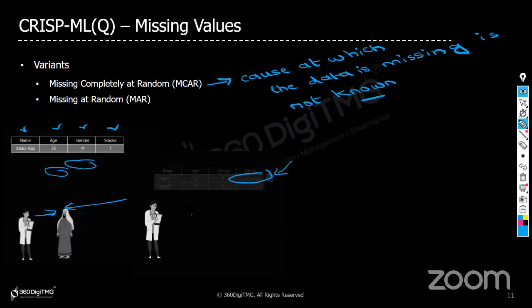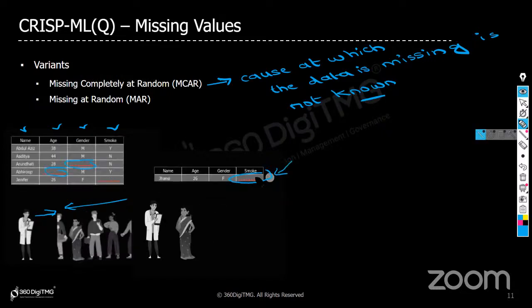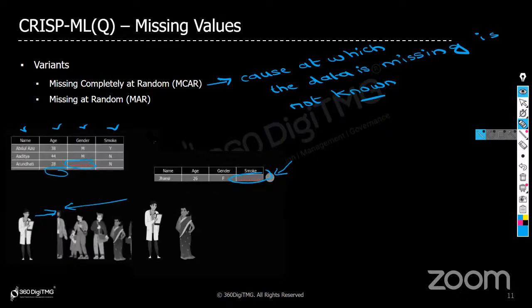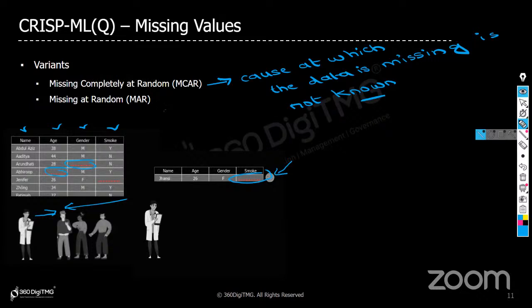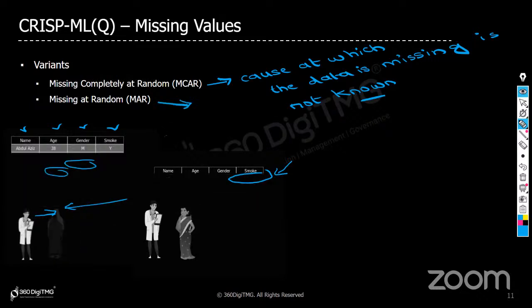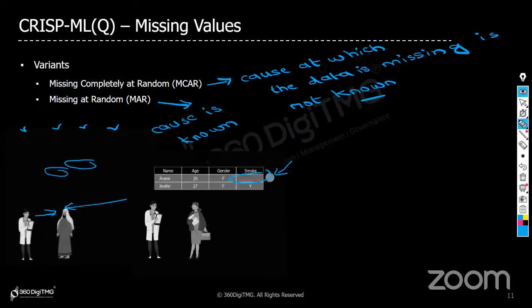He got confused whether she smokes or not. Maybe she felt embarrassed, that's why she didn't answer. He may think any of the reasons may be possible. So when it is the second variant, missing at random, the cause at which the data is missing is known with uncertainty. We know the reason, but we don't know the exact reason. It is known with uncertainty.